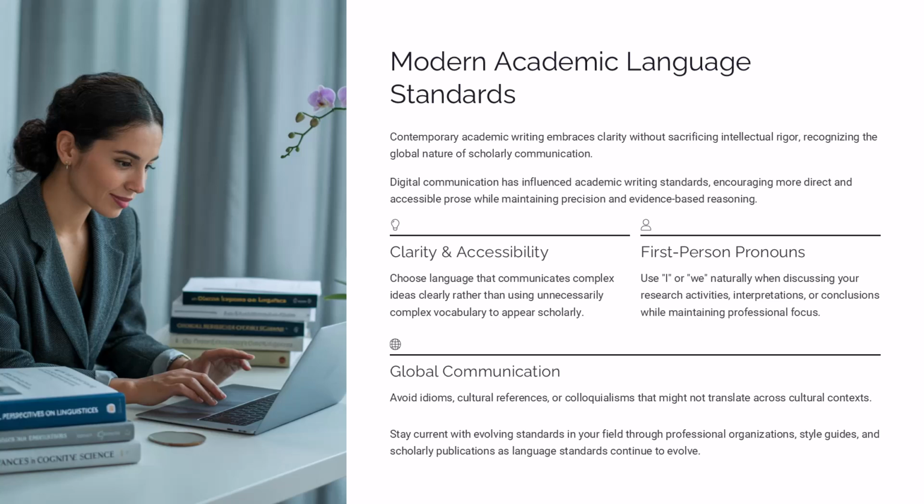However, maintain the precision and evidence-based reasoning that characterize scholarly discourse. The goal is accessible academic writing, not casual communication. Stay current with evolving standards in your field through professional organizations, style guides, and scholarly publications. Language standards continue to evolve as our understanding of effective and inclusive communication develops.